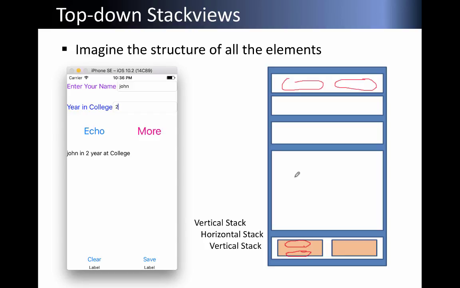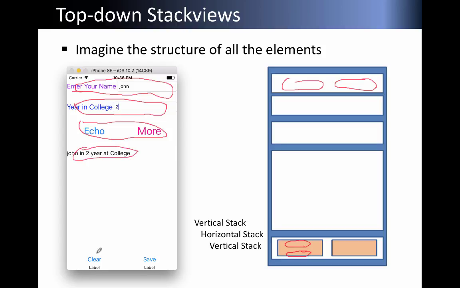Bottom-up approach is that if we have these elements already placed, then you can say, hey, I want to put this together in one horizontal stack. I want this guy in another horizontal stack, and this guy in another horizontal stack, and so on and so forth. And this guy in a vertical stack together, this guy in a vertical stack, and then I can combine them in a horizontal stack.